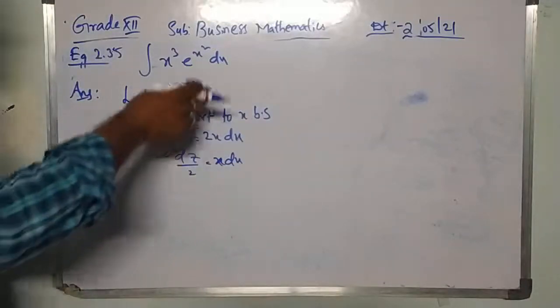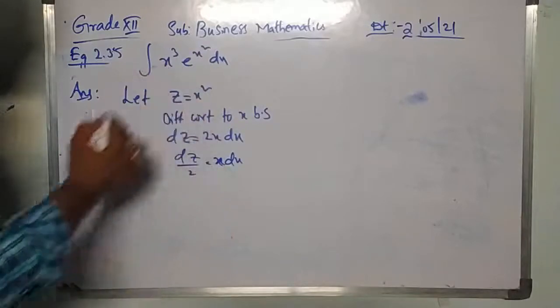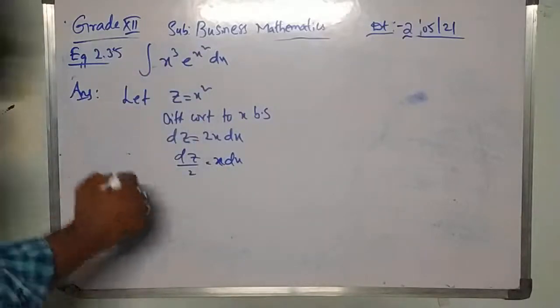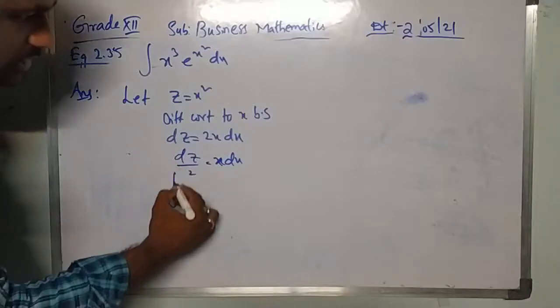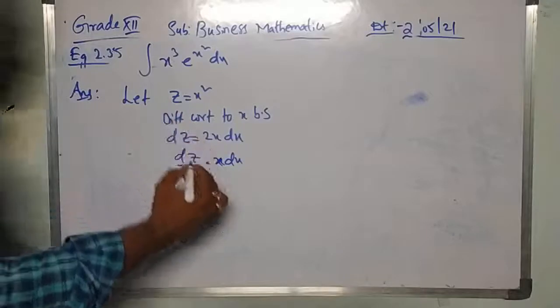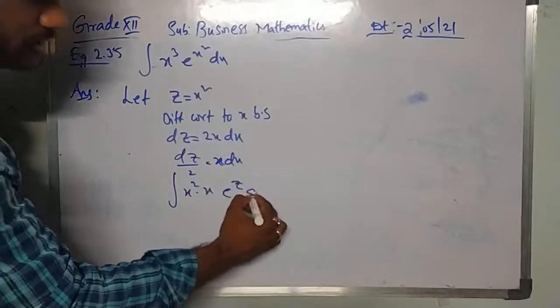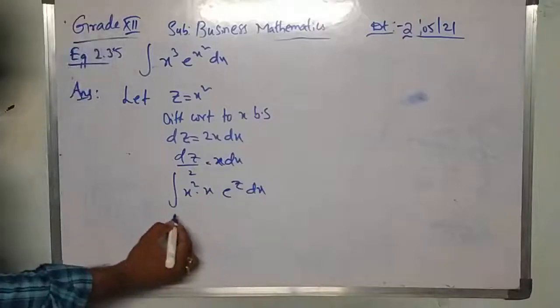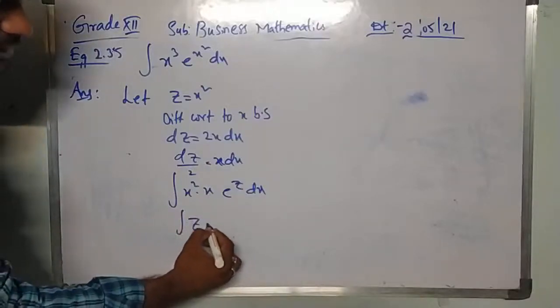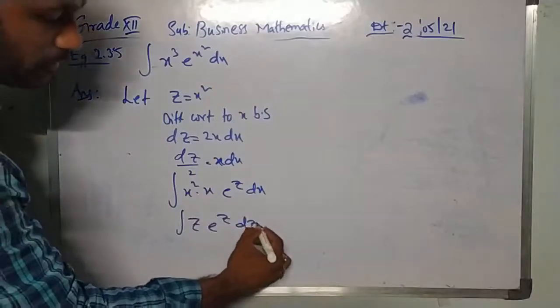Now we'll replace this in the given question. But here we need x. Here we have x. We'll get here integral x cube can be written as x square into x, e power z and dx. Let it be. X square we will replace it as z into e power z and dz by 2.